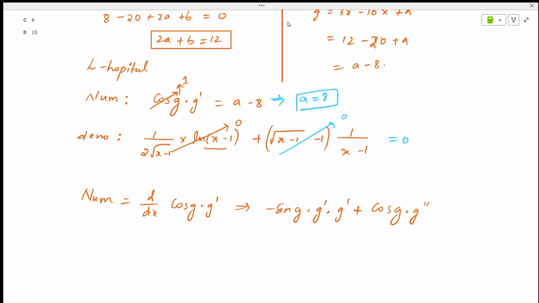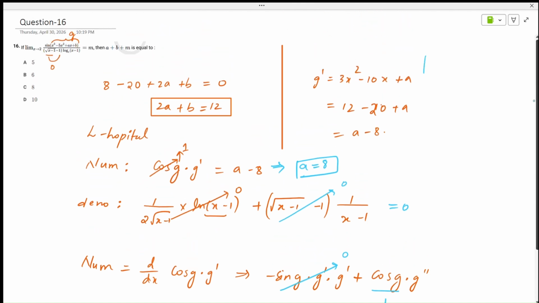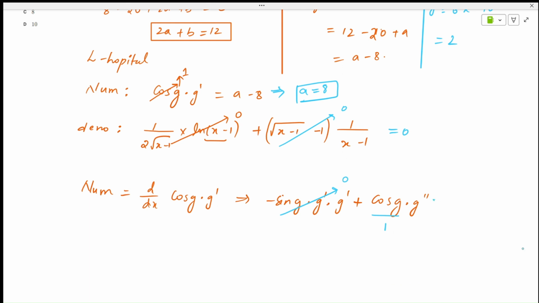We know that the value of sine g is 0, so the whole term becomes 0, and cos g is 1. So we just have to find g double dash. Let us find g double dash here. So g double dash equals 6x minus 10. If we substitute 2 here, we'll get 12 minus 10, which is equal to 2. So the numerator is 2.